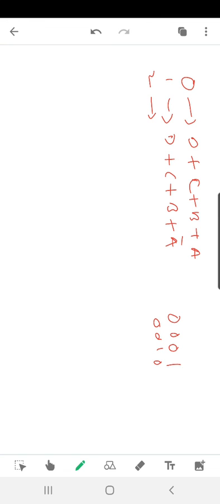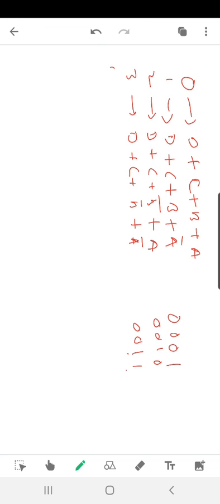So B will be in complemented form and the rest will be uncomplemented. So it will be D plus C plus B complement plus A. If we talk about 3, 3 is written as 0011. So A and B will be in complemented form: D plus C plus B complement plus A complement.